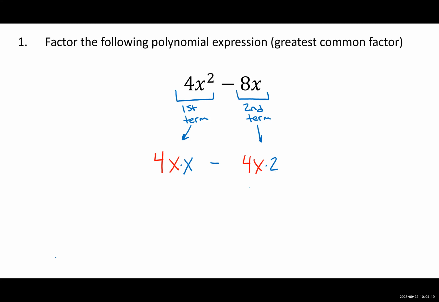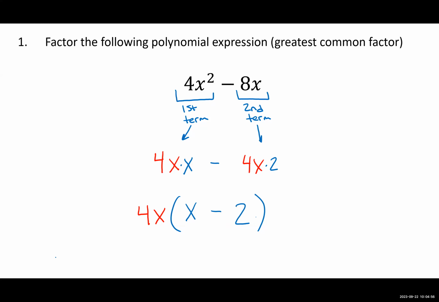You don't necessarily have to show this step, but I'm just using this as a visual demonstration. We're looking for the same copy in each term. There's a 4x in the first term, there's a 4x inside the second term. So that common factor comes out front. And the leftovers from the first term, there's an x, then there's a minus sign, and then there's a 2.